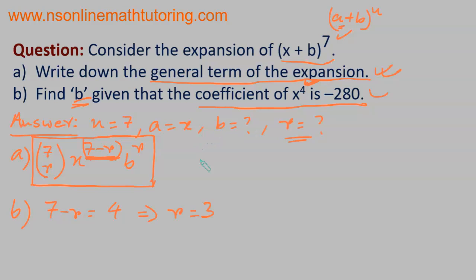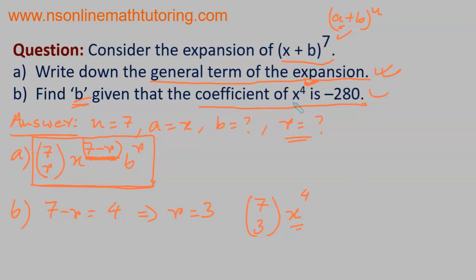Now, we have got the value of r, so we will just substitute the value of r in this general term. So it is 7Cr, that is 7C3, x to the power of 7 minus 3, that is 4.